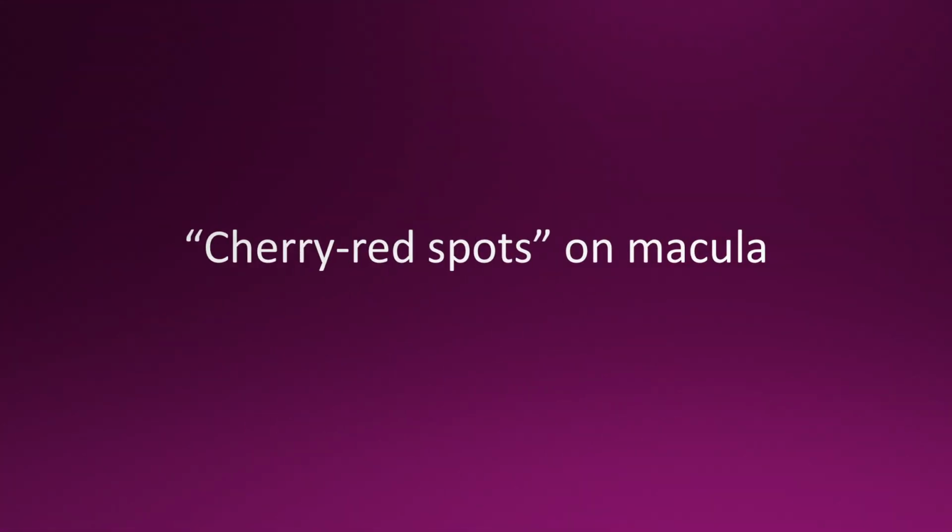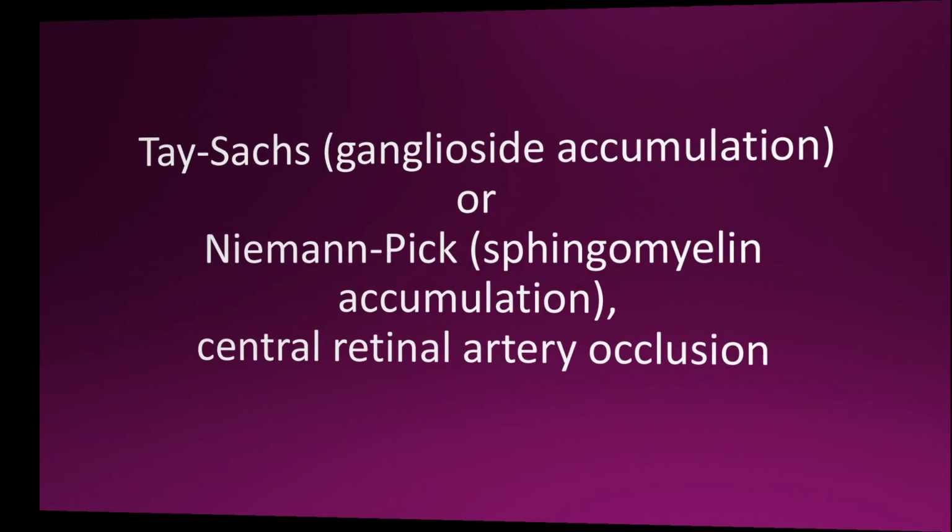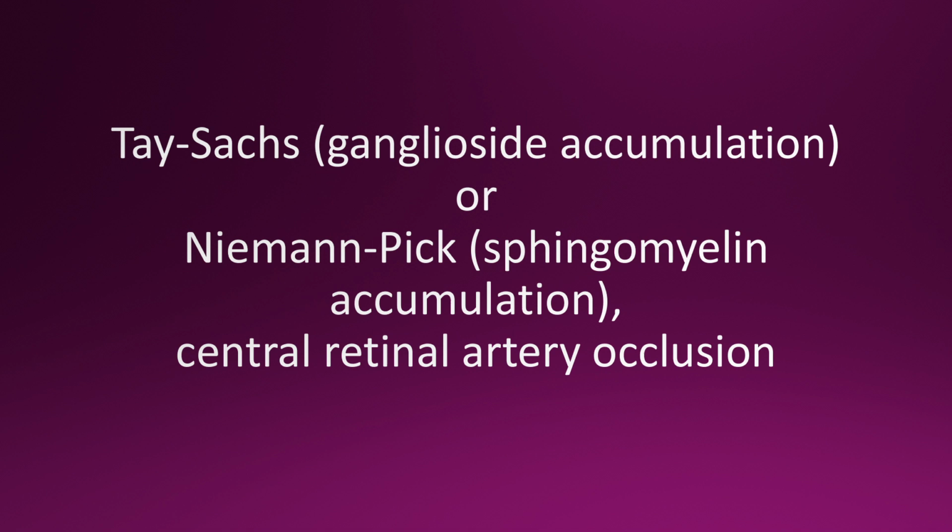If you see cherry red spots on macula, can you think of a diagnosis now? So we have got two diagnoses over here. One is Tay-Sachs disease and the other is Niemann-Pick disease. Now both of these are lysosomal storage diseases.